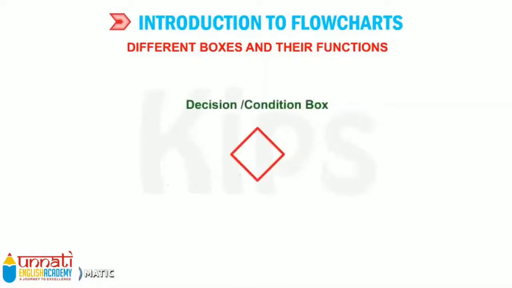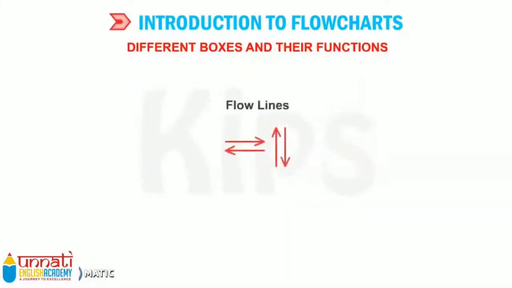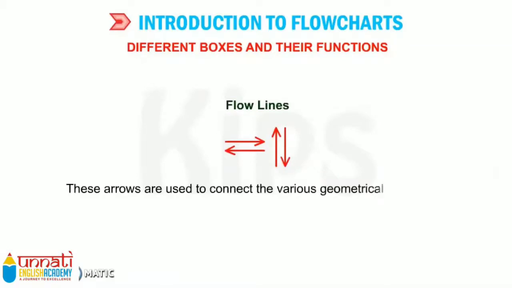The next box is the decision or condition box. It is used for checking or applying any condition in the program. Now the next is flow lines. Flow lines are arrows that are used to connect the various geometrical symbols in a flowchart.